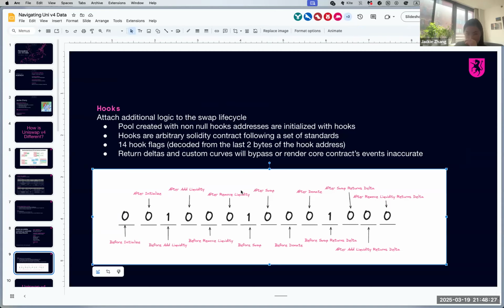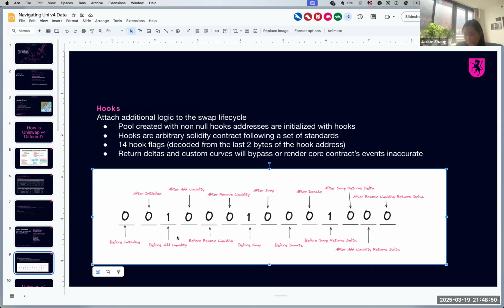So this picture is an example of what the hook flags can look like for a particular contract. Each of these 14 bits corresponds to a yes or no on whether a certain behavior for the pool is being modified.